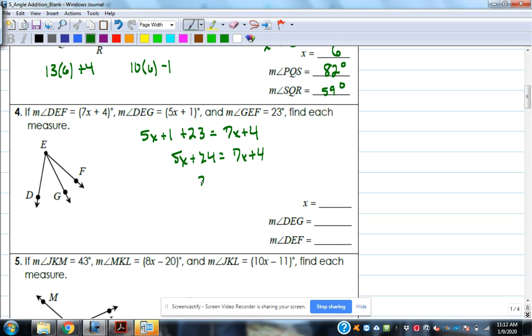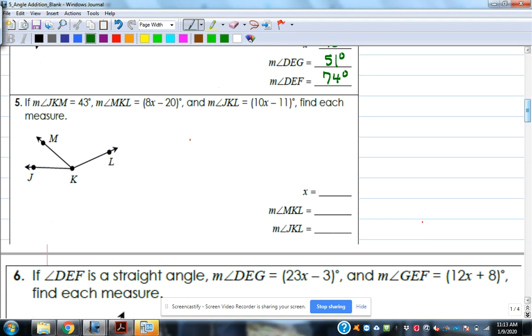And so that'd be 20 equals 2x. X is 10. And then go back and plug back into those things. So 10 times 5 plus 1 would be 51 degrees. And DEF would be 74 degrees. Right. Nothing really daunting here. It's just pretty easy stuff.